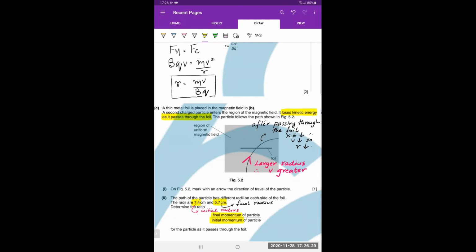Okay, momentum has no connection with the AS level, except that you just need to know momentum is mass into velocity.